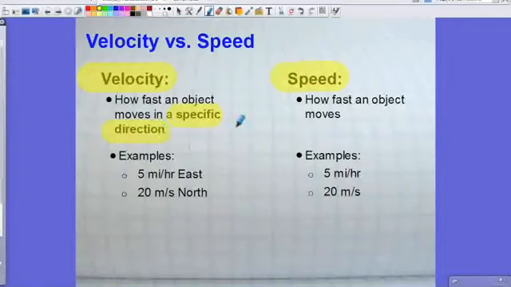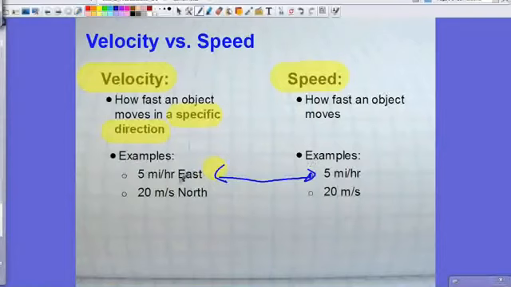So you have to say, I'm going 60 miles per hour east. I'm going 20 miles per hour north. You're telling somebody which direction you're moving. So if you look at these examples right here, look at the difference between this one and this one.